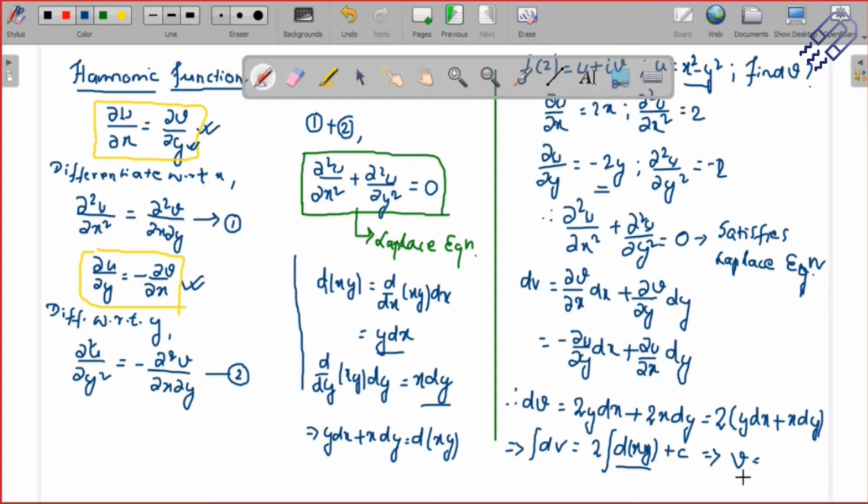V is equal to, you integrate d of xy, it will be just xy, so it will be 2 times xy plus c. This c will be there, don't worry, this is just a constant of proportionality. We are just going to leave it that way, it doesn't matter. So v is equal to 2xy plus c.